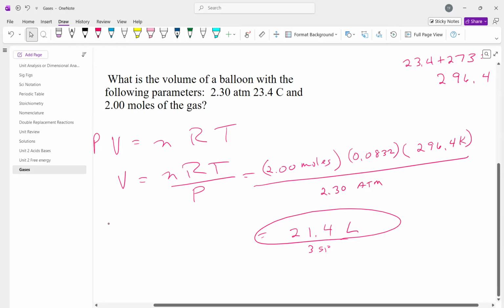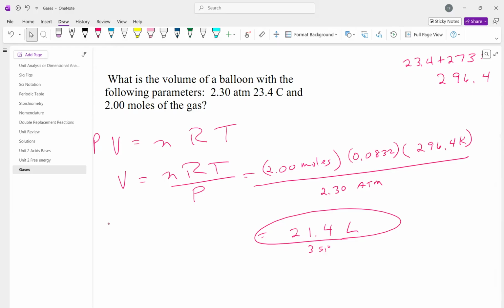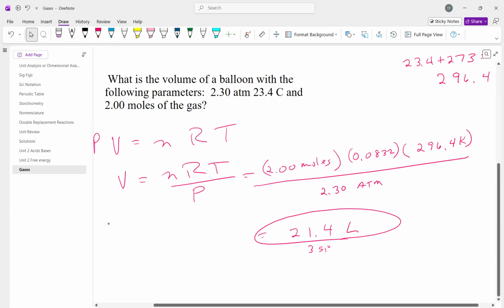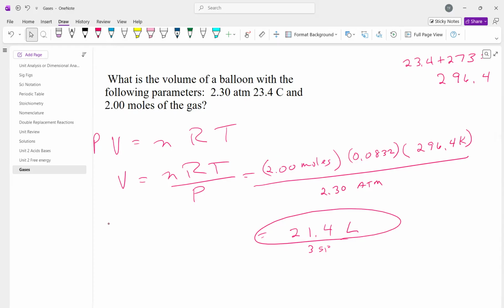Now, the reason why it's called ideal, by the way, is that it's for normal conditions. Under heavy-duty pressure, like a couple hundred atmospheres, or extremely high temperature, like in a plasma situation, you have to modify the ideal gas law. And that's what you do in 400 and 401.